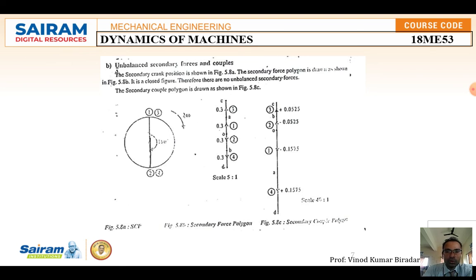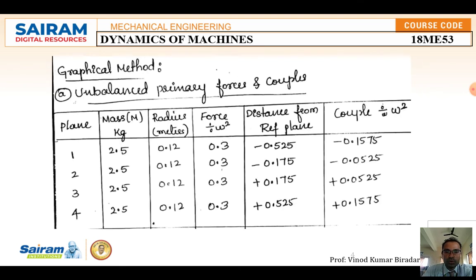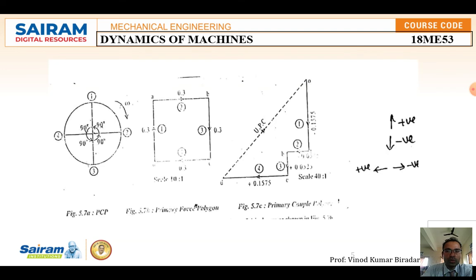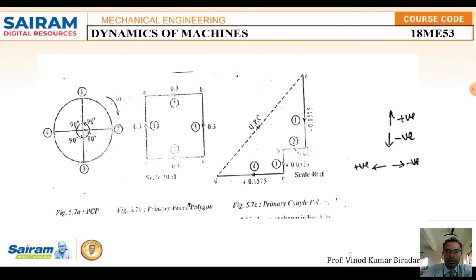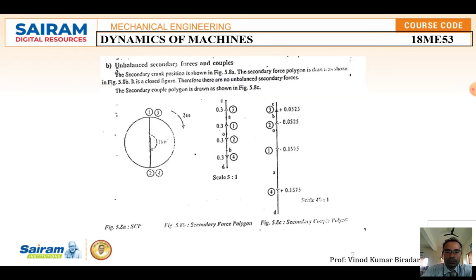Here two values are positive and two values are negative, two on the top side and two on the down side, so you get this equation. That is the secondary force polygon, which is what figure B shows.